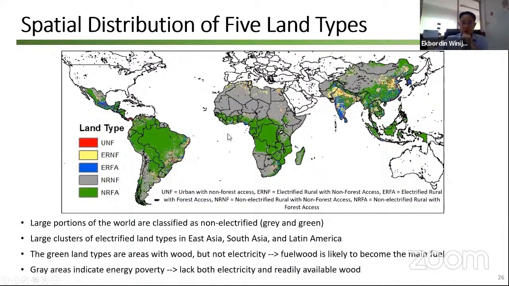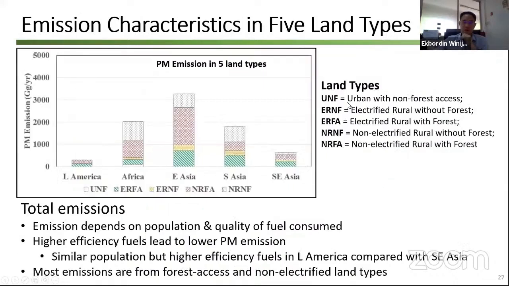Most of the area marked green has access to forest, so fuel wood is the major source of fuel used for cooking and heating in this area. In this study, the emission inventory in the southern area is put into the model and used as the emission input for the model.